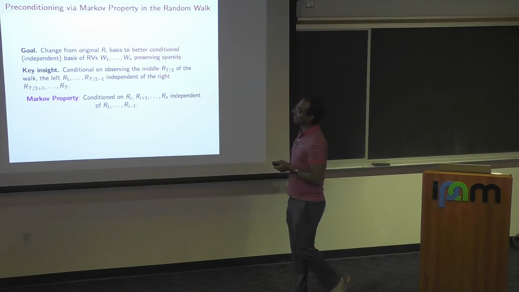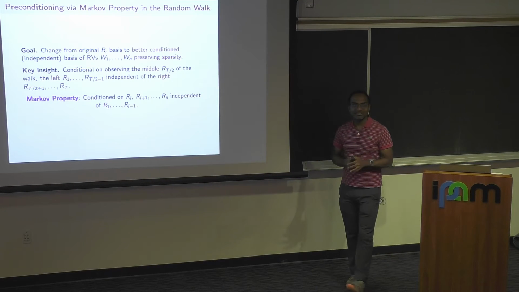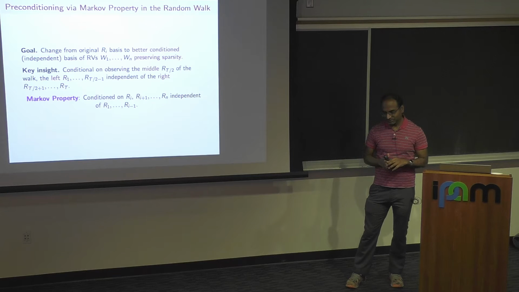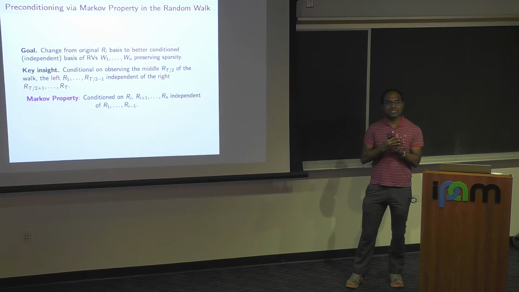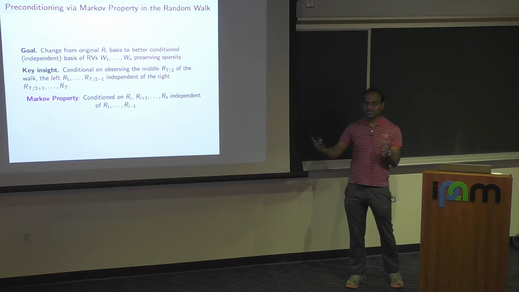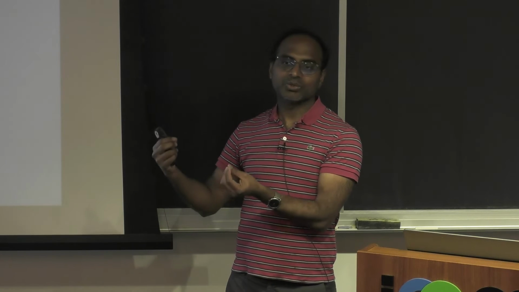The key insight that we're going to use is that many times, especially in this random walk example, you have this Markovian property. If I give you the middle variable, like let's say R_{T/2}, then all of the variables before it are independent of all of the things after it. We're going to use this Markov property, the fact that you have this independence.